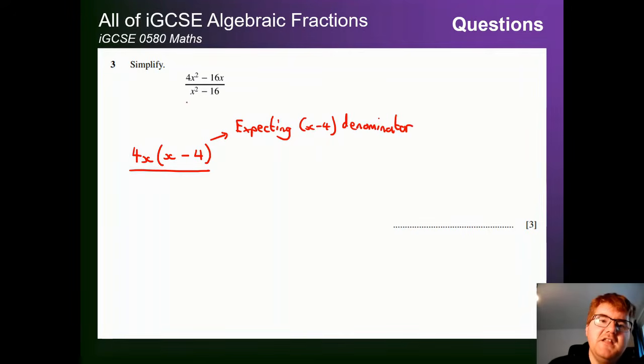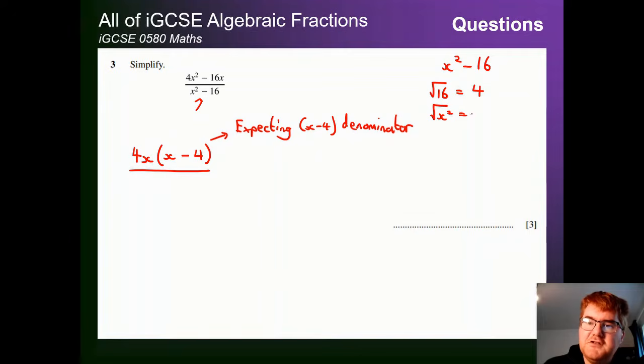Now notice we have another difference of 2 squares here with x squared minus 16, because remember the square root of 16 is 4, and the square root of x squared is just x. So we can factorize it in that very special form that we've seen before, where we have an x minus 4 and an x plus 4. We achieve what we're looking for here.